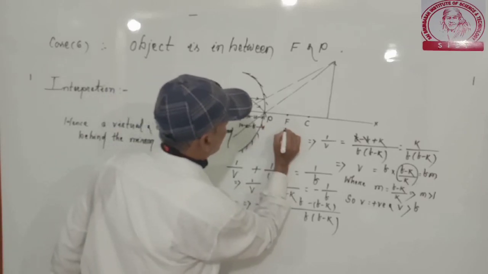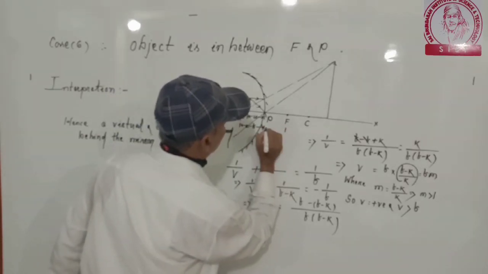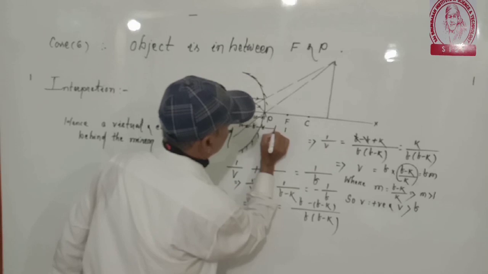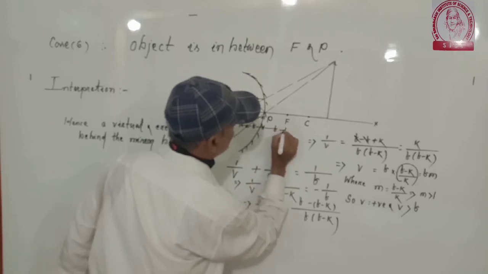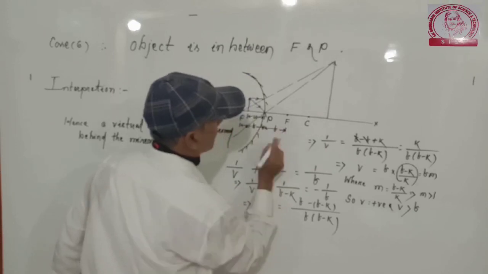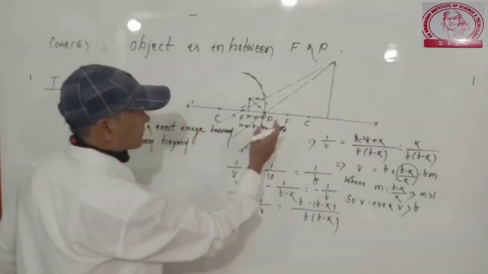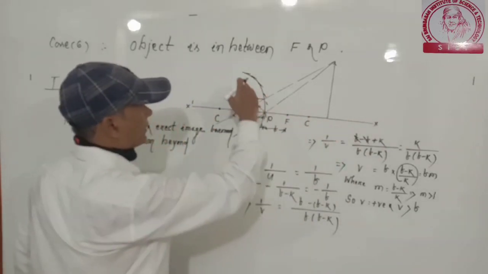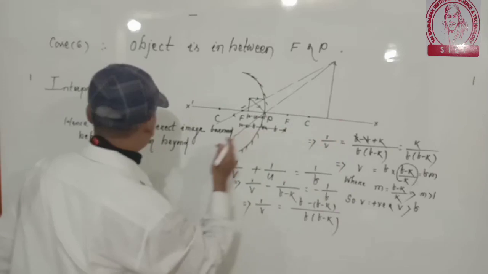You see this length is also f and the image is formed beyond f, beyond focal length, behind the mirror.